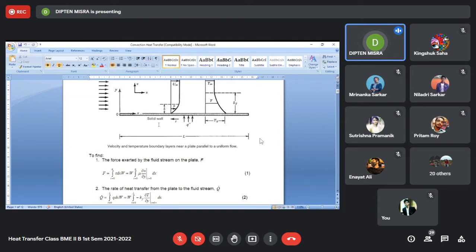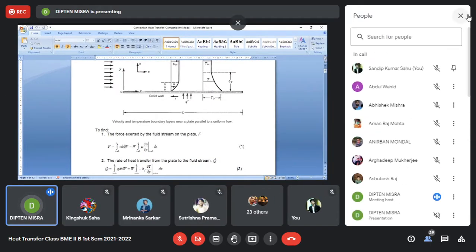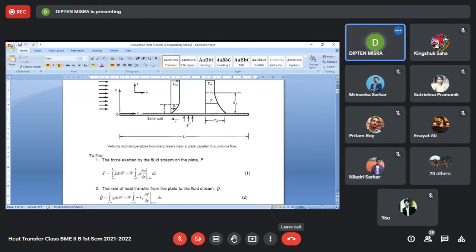We have shown only the frontal view of the plate. Now, if the width of the plate is W, and if we take a small elemental length dx, then the elemental area on which this shear stress, tau, is acting is dx into W.